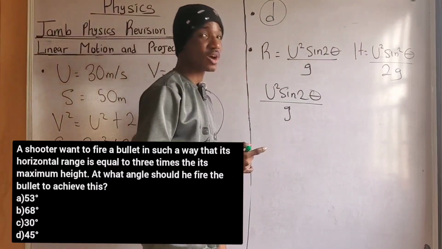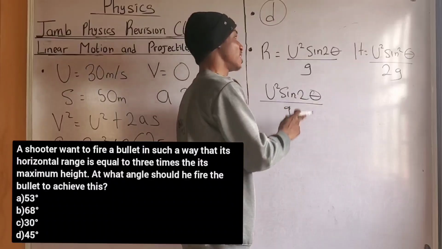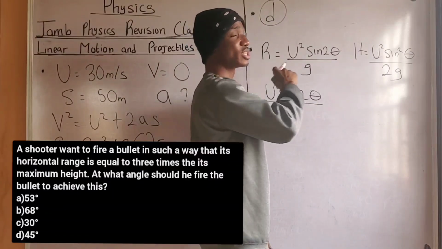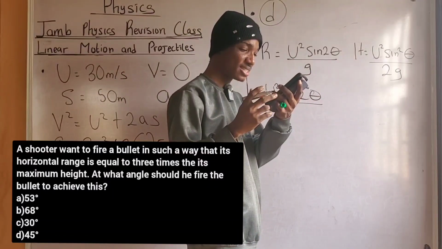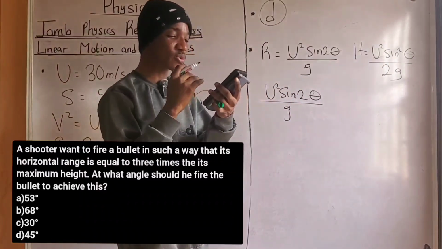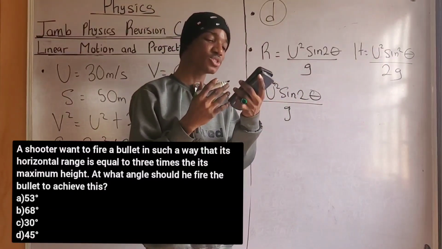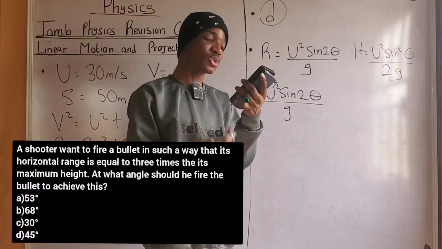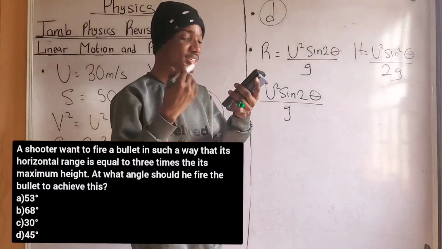Don't forget our goal. Our goal is to find the value of theta that will make R equal to 3 times H. Because from the question, we want to find the angle at which the shooter must fire so that the horizontal range will be 3 times the maximum height.